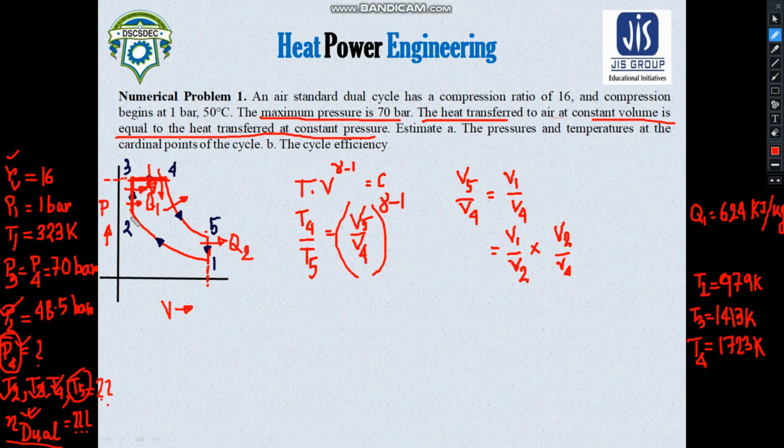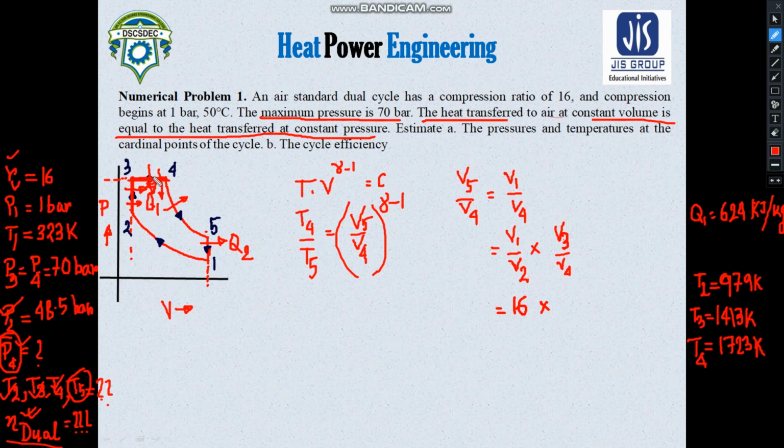Now if you concentrate on this process, you will see that V2 and V3 are the same thing, right? So I can simply write V3 over here. The question is, what is this V1 by V2? This is nothing but the compression ratio, so it would be simply 16. Now what is this V3 by V4? This is the cutoff ratio.